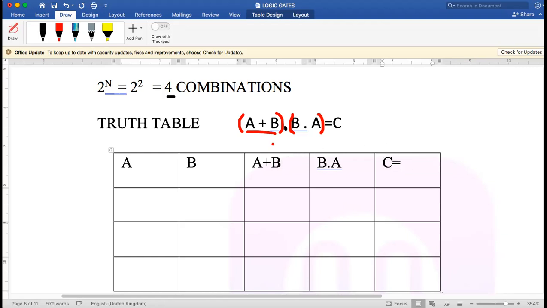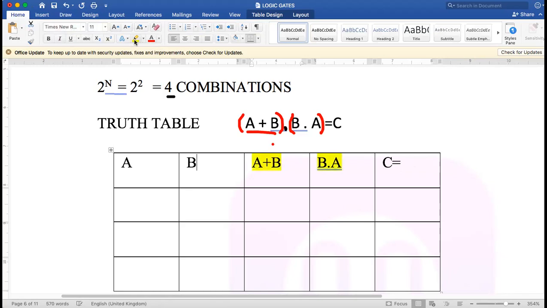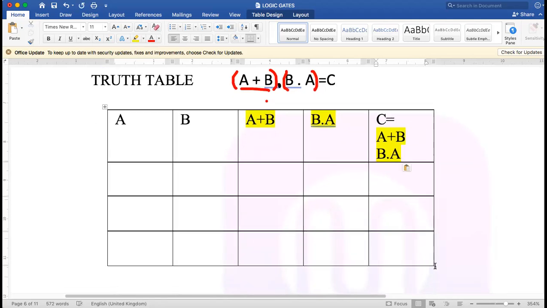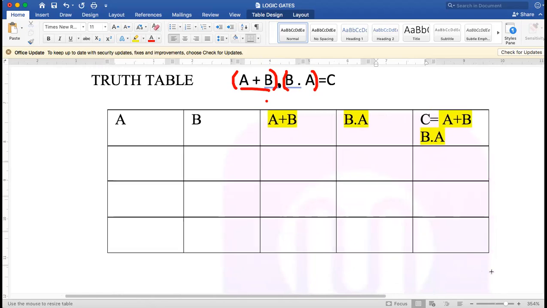It means that in C, we are going to combine these 2 circuits or these 2 combinations. Do you understand it? So once we write down the C, it means we need to take this column and this column. But what is the relation between them?